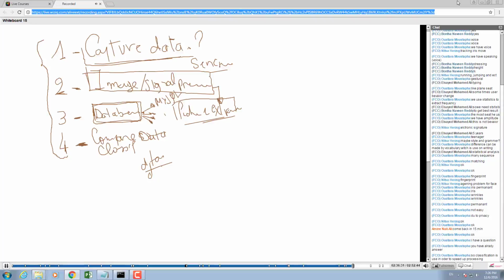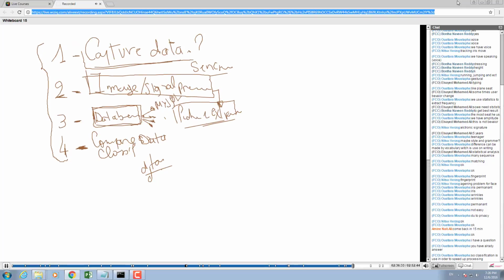This one is image processing. So this one is computer science. This one image processing. This one may be electronics, but if you use some simple devices, it will be really easy. Even if you are not expert in electronics, you can capture data, for example, from the camera, from the fingerprint devices. It's not complicated.